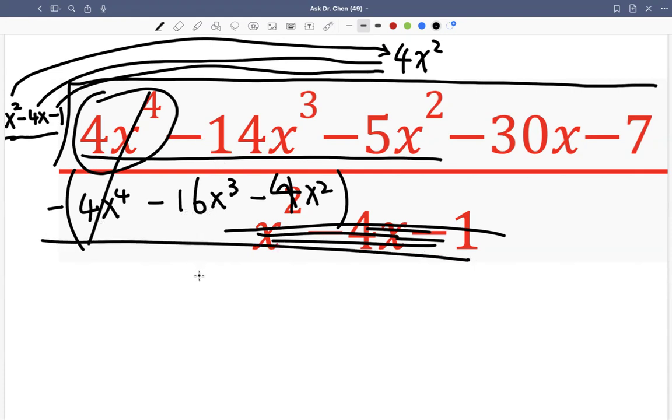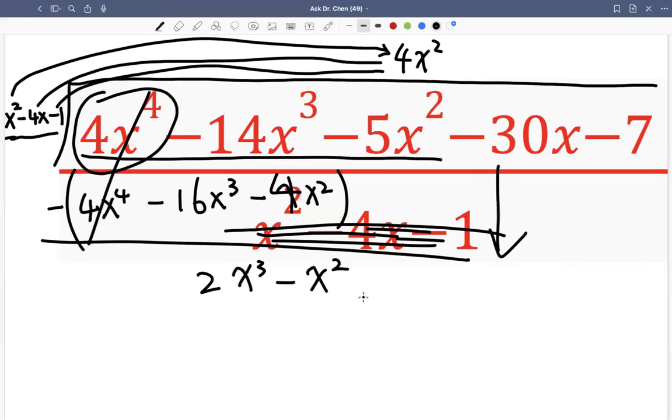So we get 2, right? Negative 14 plus 16 is the same as 16 minus 14. 2x cubed. So that's the x cubed term. Then we have negative 5x squared minus negative 4x squared. That's negative 5 plus 4, which is negative 1x squared.